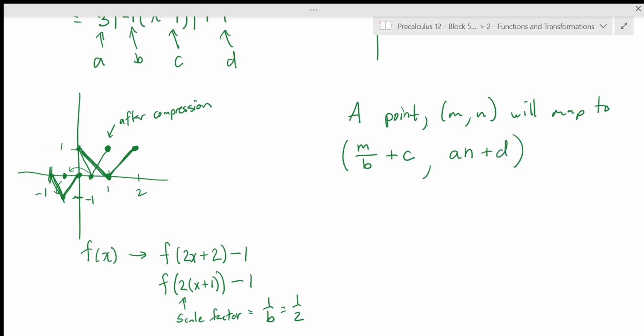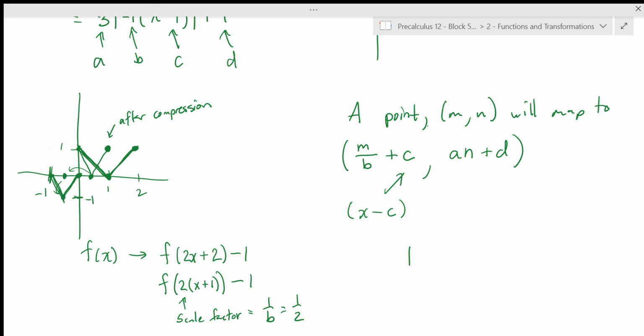We've arranged it so c is positive. Just remember we're talking about x minus c, so we have that negative in there. It will still look like the opposite of what you think it ought to.